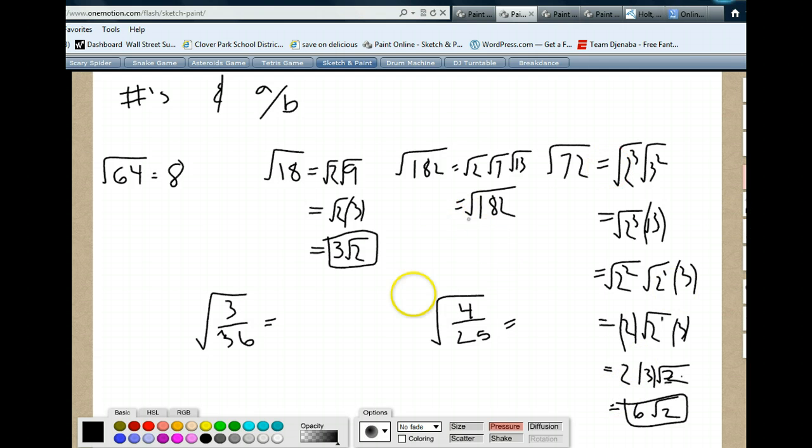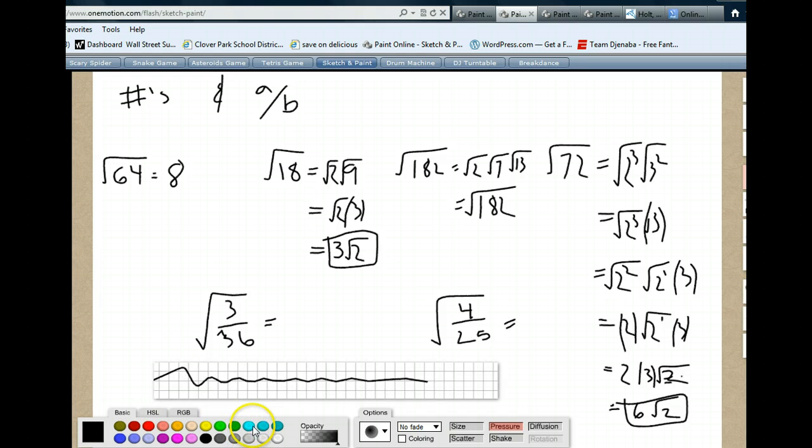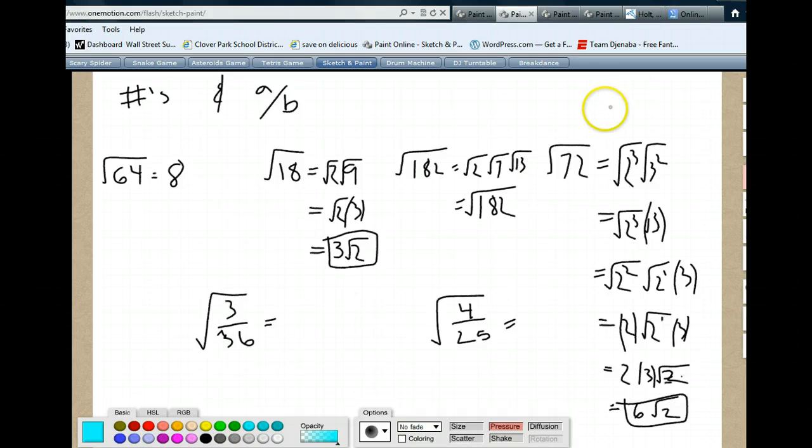Okay, and if you're really savvy with your factors, you could have recognized that I can do 36 times 2. So let me do that in a different color. I could have done square root of 36 and 2, and then the square root of 36 is going to be 6, so 6 square root 2 is going to be my final answer in either case.